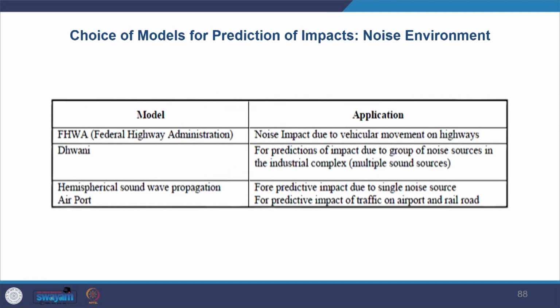And then you have models for noise environment impact assessment also. The Federal Highway Administration, FHWA, has a model which helps you assess noise impact due to vehicular movement. Then you also have the Dhwani model, and then the hemispherical sound wave propagation model for airports. That model is also there.